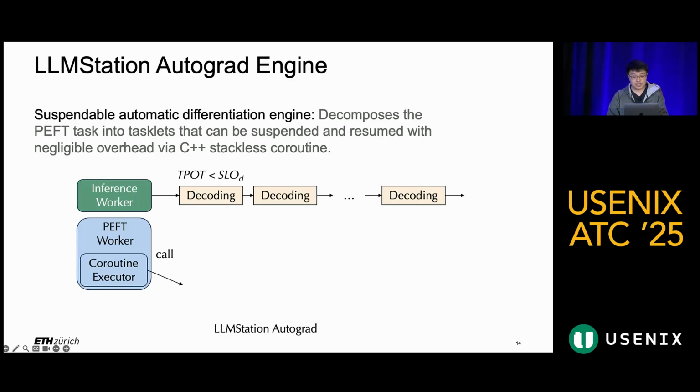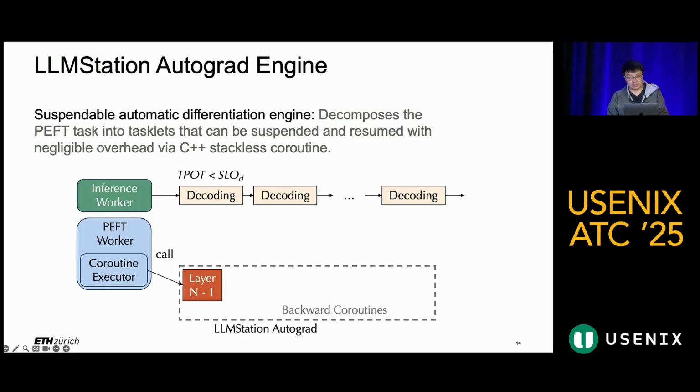So in the LLMStation Autograd engine, the functions invoked in the function call chain of the backward pass are implemented as C++ stateless coroutines instead of normal functions, with a way to invoke other functions. So you can invoke the PFT task and use a coroutine executor to voluntarily suspend and resume the backward pass.